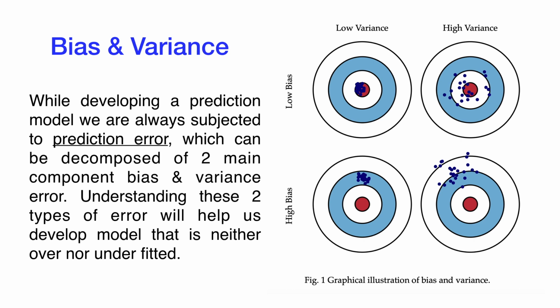And we have the actual value and the predicted value. The actual value is the bullseye. That means each time we predict, if it falls on the bullseye, the actual value and the predicted value are perfectly matching with each other.